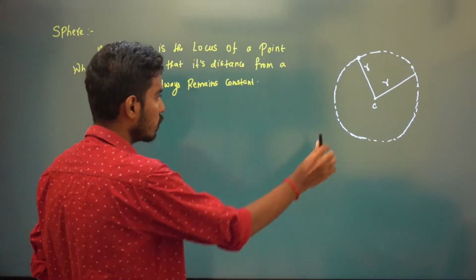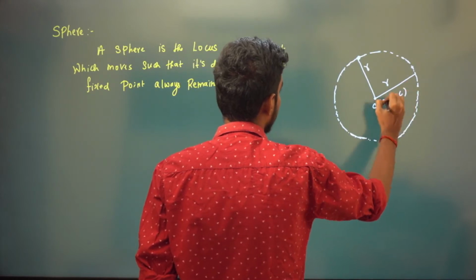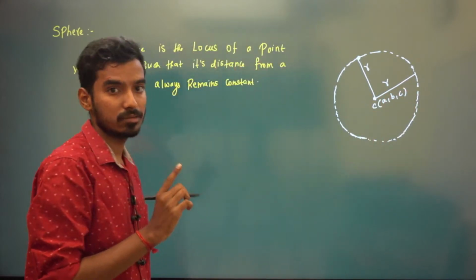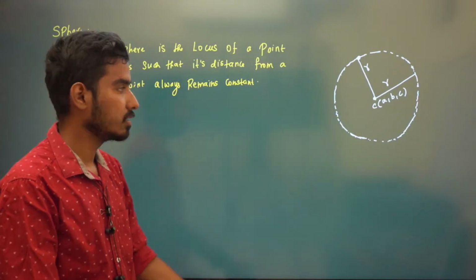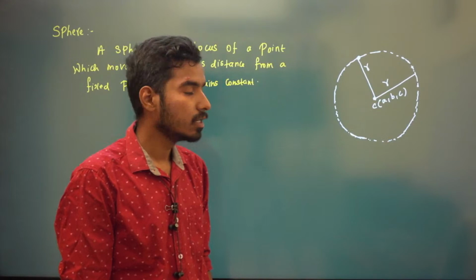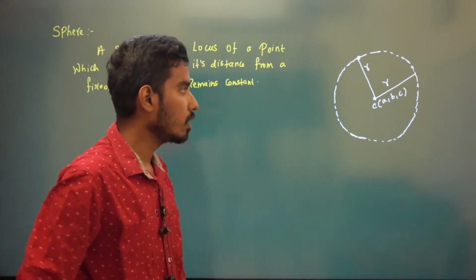Okay. So let us say the center is a comma b comma c, because it is a sphere. We are looking at a 3D surface, not 2D. If it is 2D we will have only two coordinates, that is, only x comma y as center. But here it is 3D, so let's call the center a comma b comma c, and r the radius.